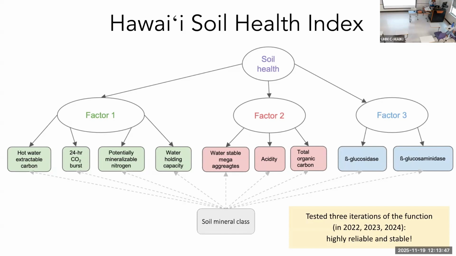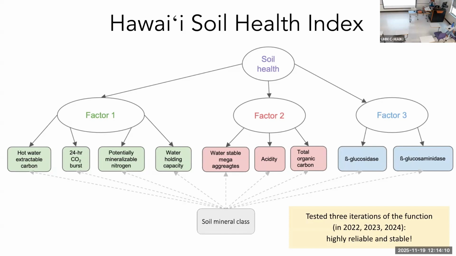The other thing I want to mention too is soil mineral class. So I have that at the bottom. And what this means is that we can adjust the scores based on soil mineralogy. So depending on what type of minerals and clays are in the soil, just like you mentioned at the beginning of the talk, you don't expect all soils to be similar to each other.